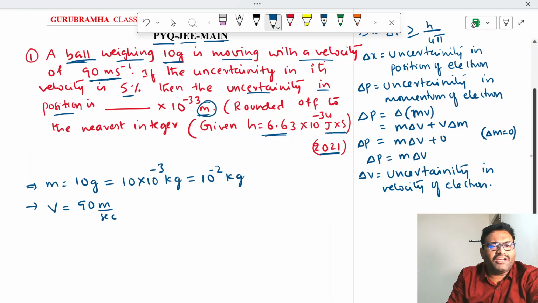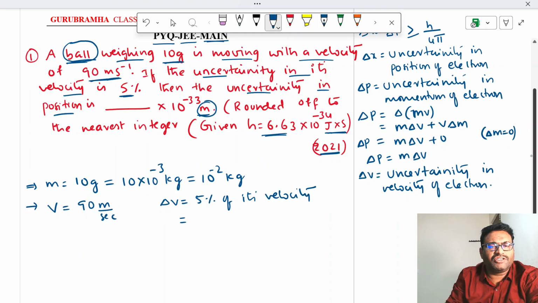So we are applying this uncertainty principle for a ball. This ball is moving. And he said that if the uncertainty in its velocity is 5%, that means delta v is equal to 5% of its velocity.